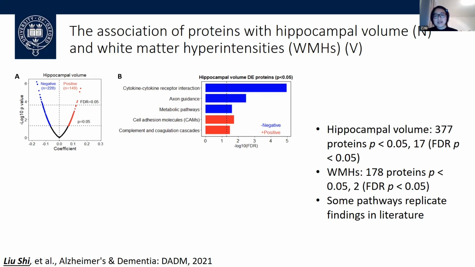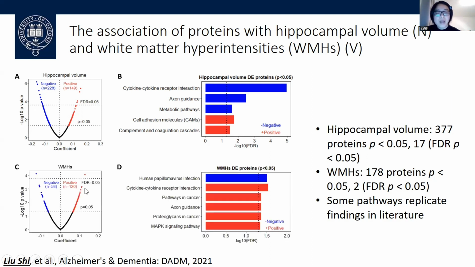As you can see, some pathways replicate the literature, for example axon guidance and cytokine receptor interaction. Previous literature also reported that these pathways are associated with Alzheimer's disease. So these are with the hippocampal volume.